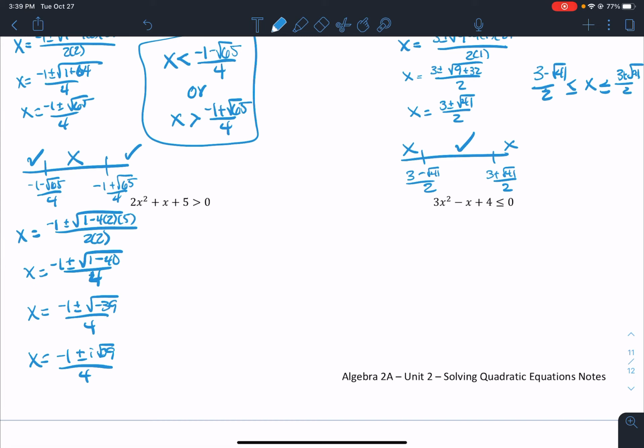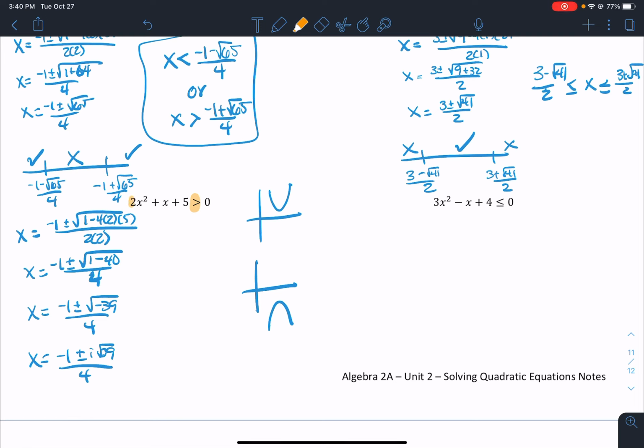But what we really need to worry about is that since it doesn't have x-intercepts, we either have something that is entirely above the x-axis or entirely below the x-axis. I'm looking for something that is greater than 0, so I'm looking for something that is above the x-axis.